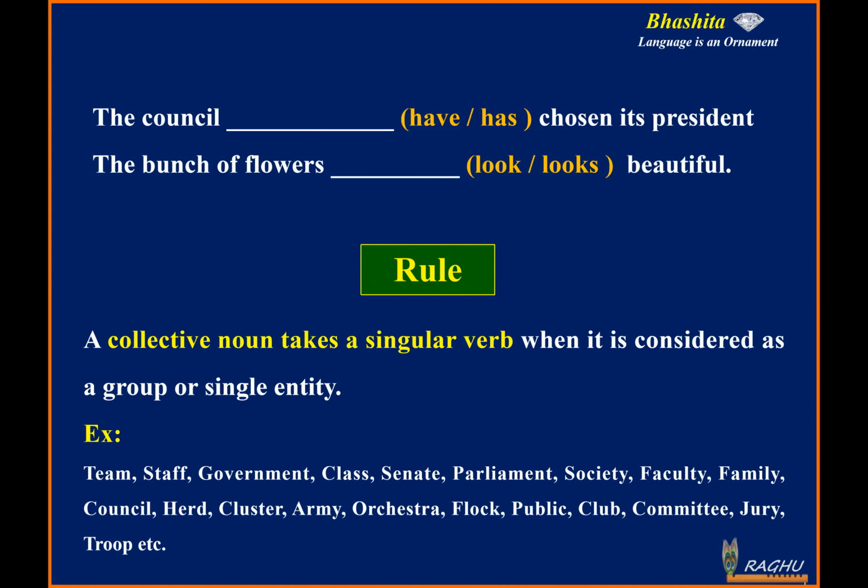When they are treated as a group or a single entity in a sentence, we have to consider such collective nouns in the subject place as singular. They always take a singular verb rather than a plural verb.